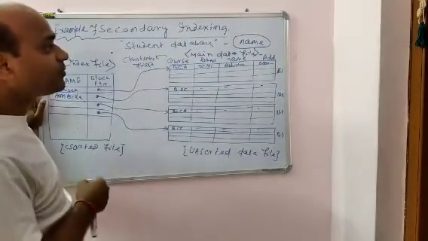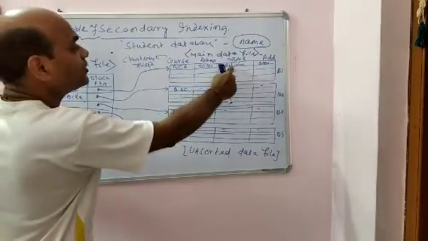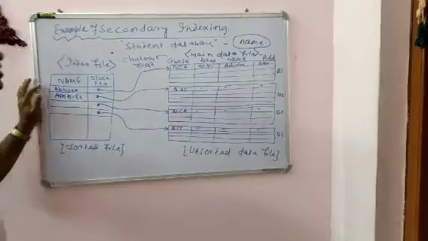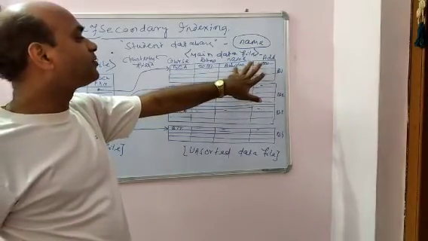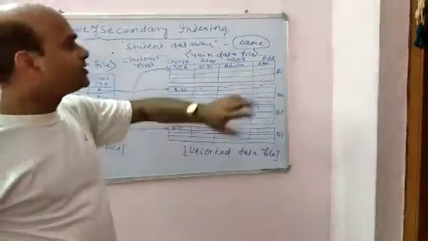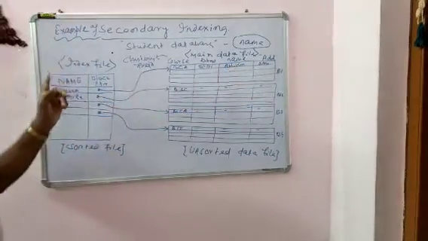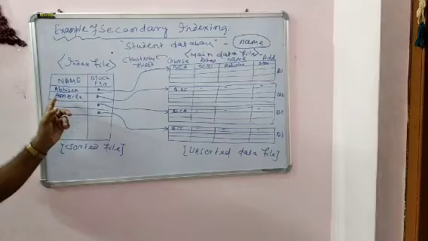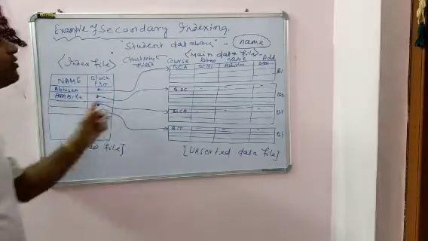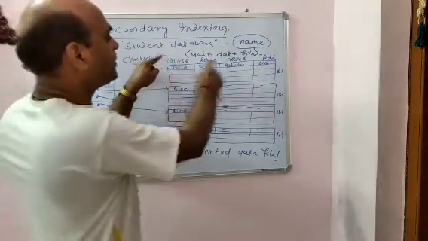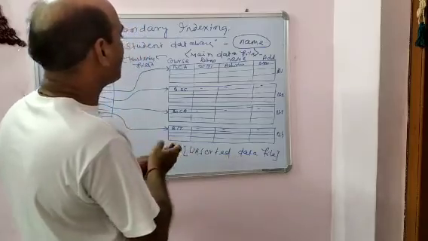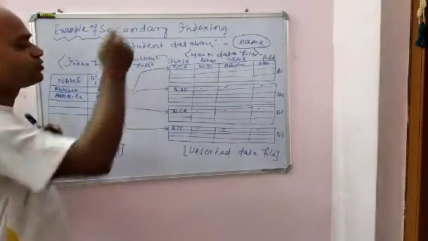In secondary indexing, what happens? We can search name-wise. This name field again does not become the primary key. So this name is the index field. The index file is created according to the name, and this main file is created according to the cluster field, like course.